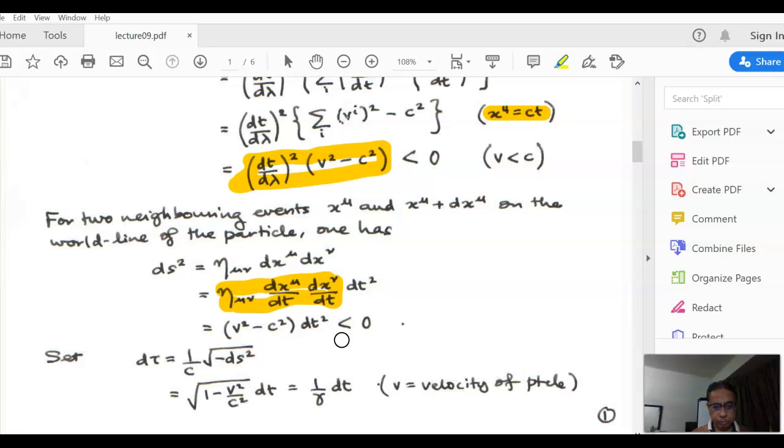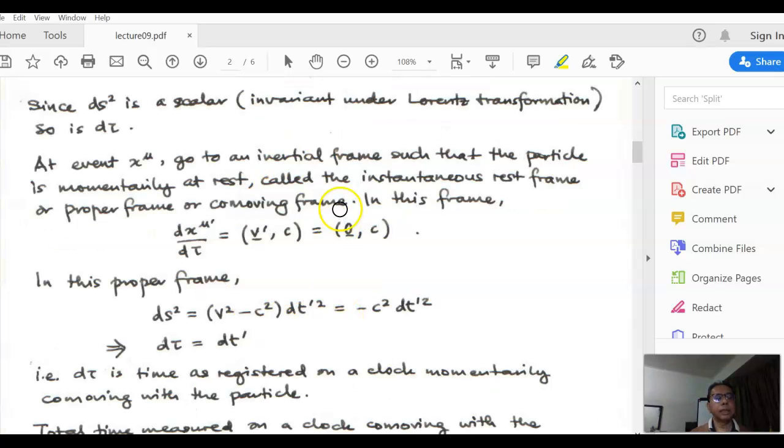Let's go to the next page. And since ds squared is a scalar, dτ will also be a scalar. So in other words, dτ will not change under Lorentz transformation. And this is convenient. Remember that dτ is a temporal quantity, just like time, and this particular temporal quantity doesn't change with Lorentz transformation.